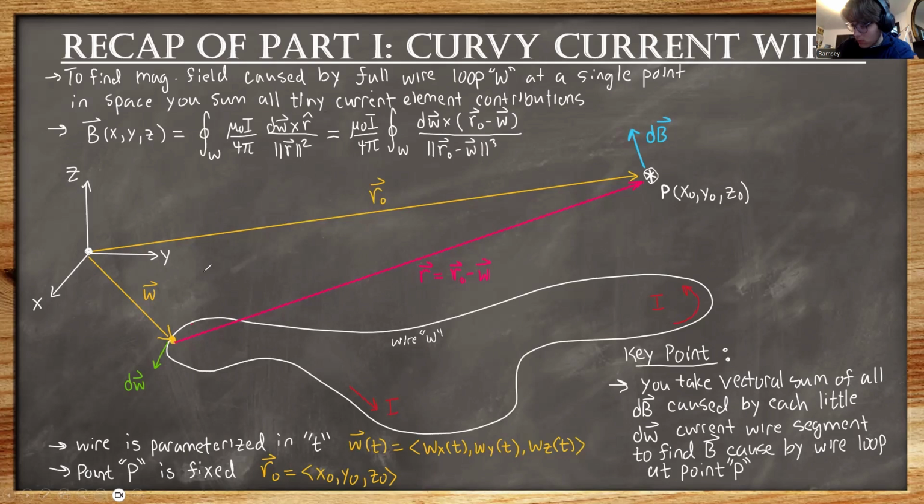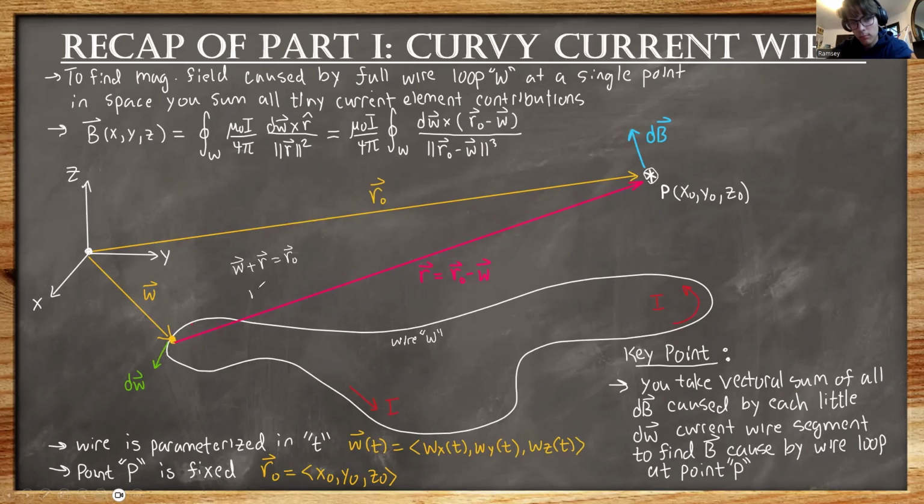And you could probably see the relationship between the vector W and R naught and the vector that shows the distance between the point of interest and the current source that's creating the B field there. It is given by W plus the radius, or the distance that you plug into Biot-Savart, equals the point of interest position.